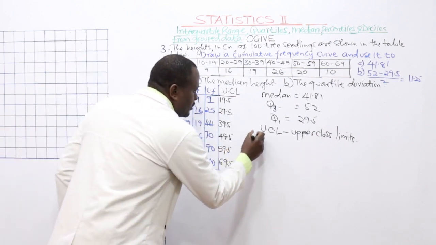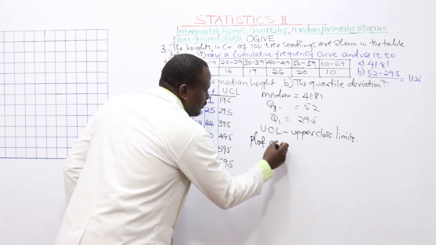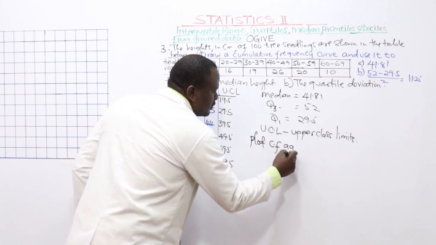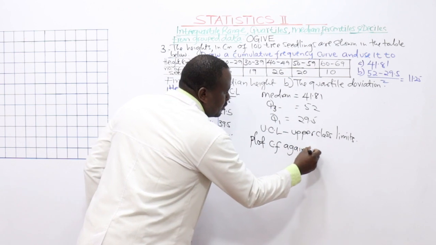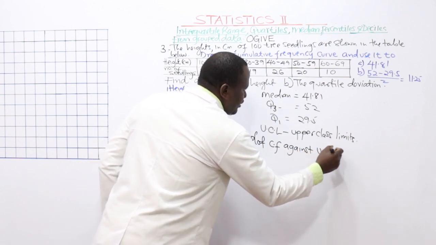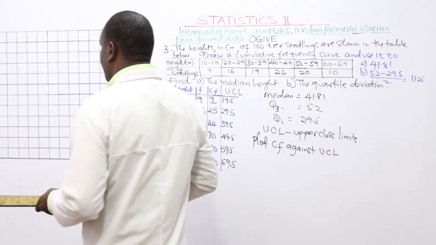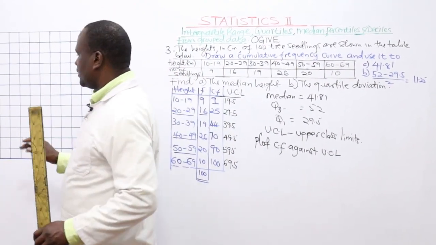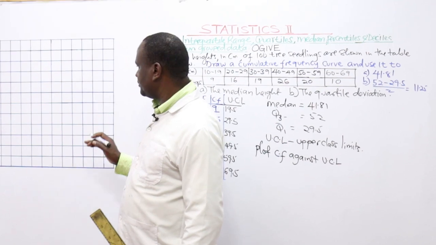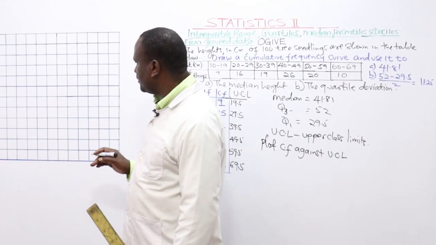So we plot cumulative frequencies against upper class limits on your graph paper or in your graph book.